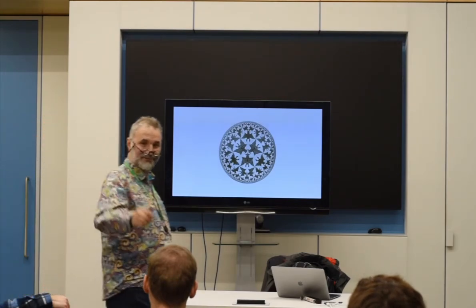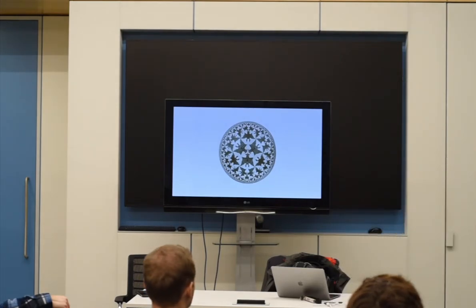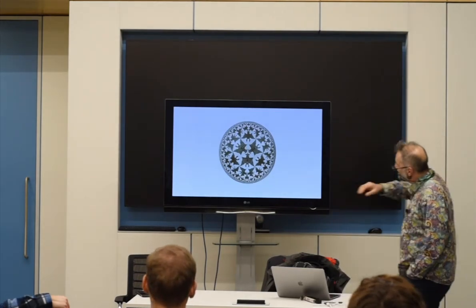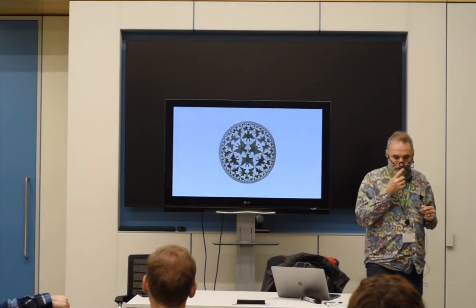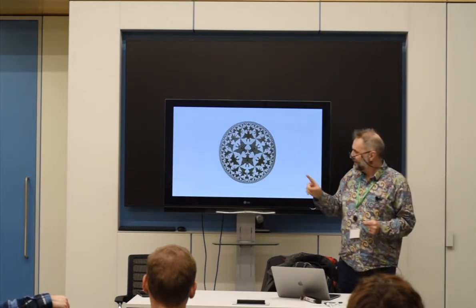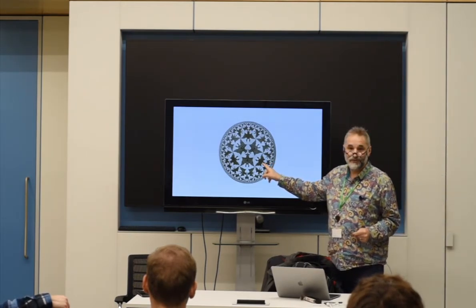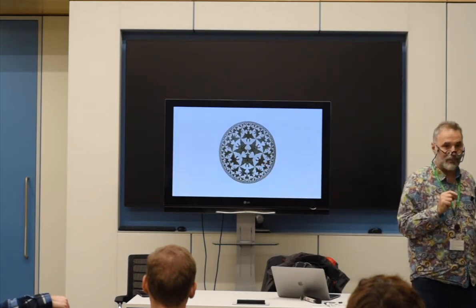It's a picture by Escher, and the point is that if you leave with anything from this talk, you should look at this picture and know that this thing is the same as this thing in area. That is the point of hyperbolic geometry.